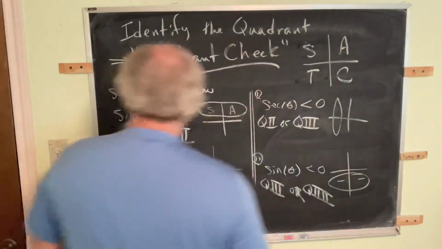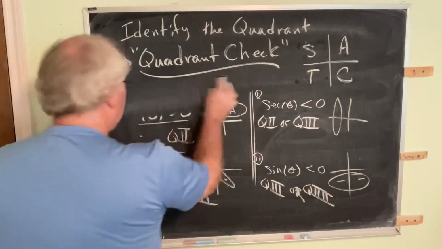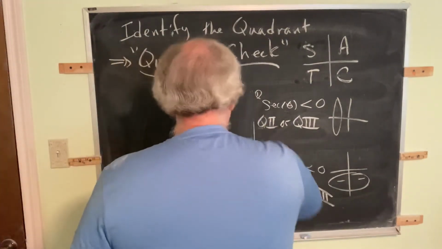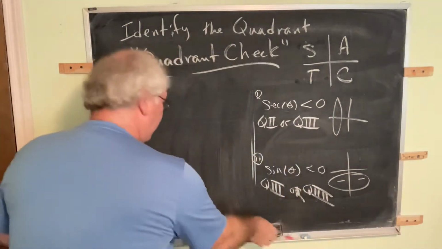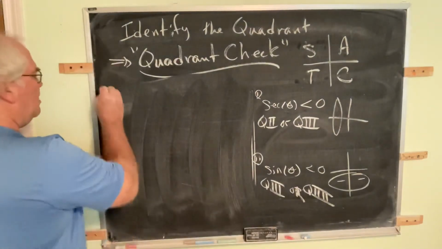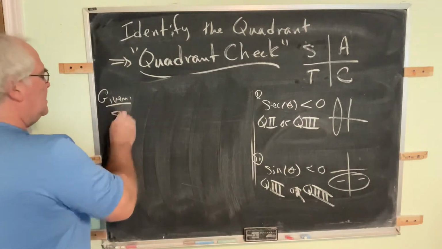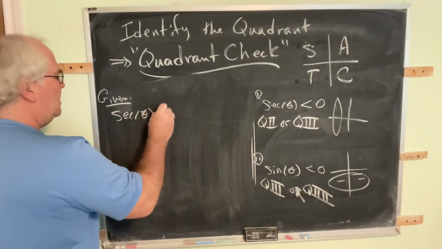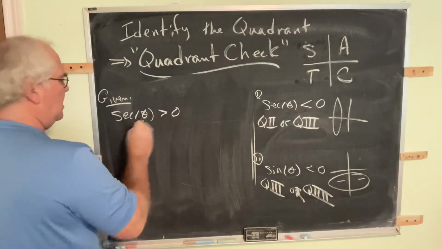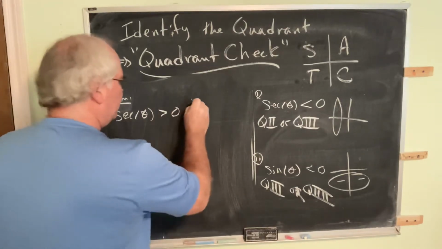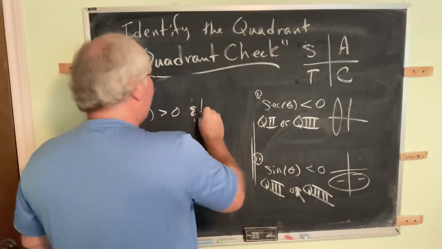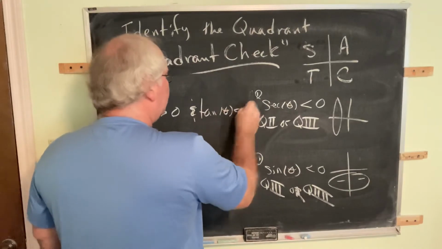However, what's going to happen is we are going to be given 2 pieces of information. We're going to be given that secant of theta is, let's say, greater than 0, and that tangent of theta is less than 0.